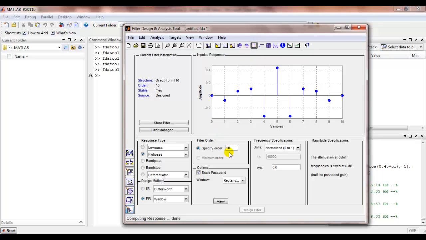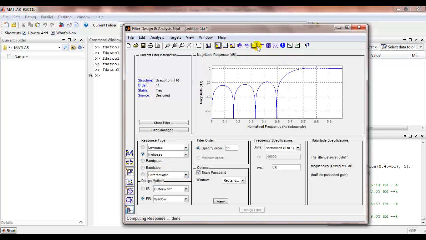Now let's change the order to 11, which means that now it is either a type 2 or a type 4 filter. But since we are asking for a high pass, MATLAB knows that we should design a type 4 rather than a type 2. So when I now design the filter, I get a response which is still acting as a high pass filter.